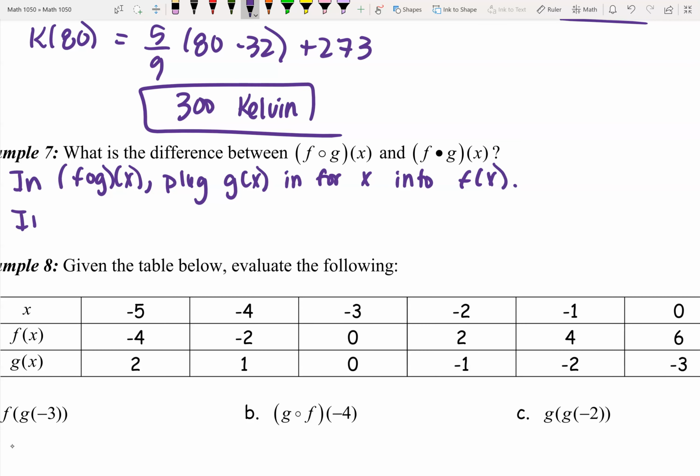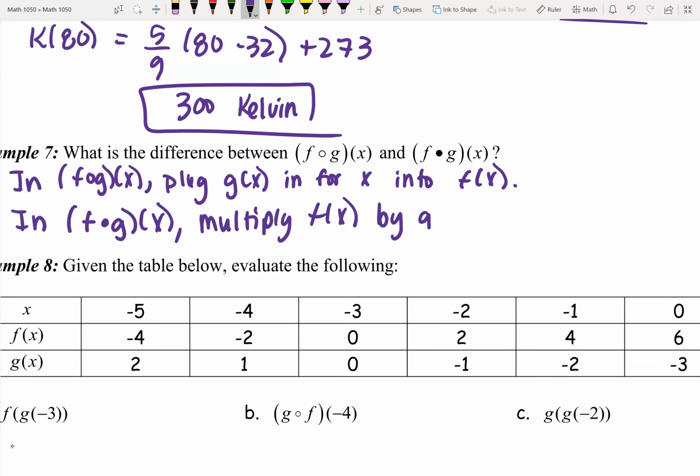And then in F dot G of X, you multiply F of X by G of X. So they are very different.